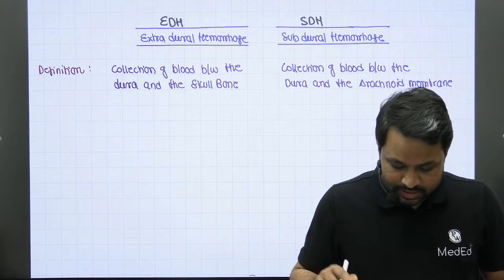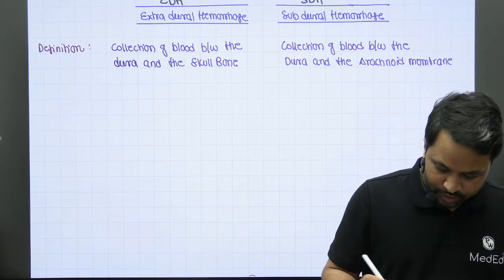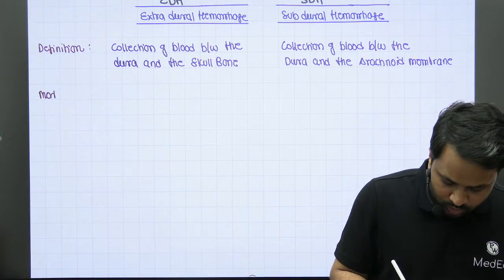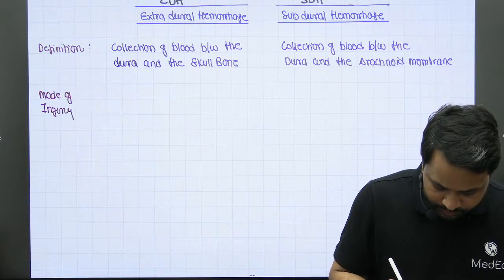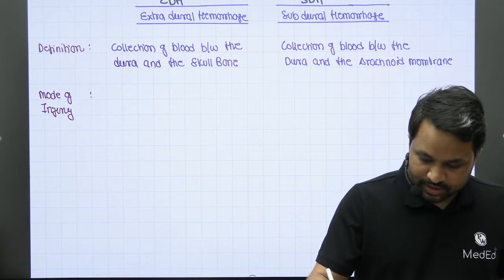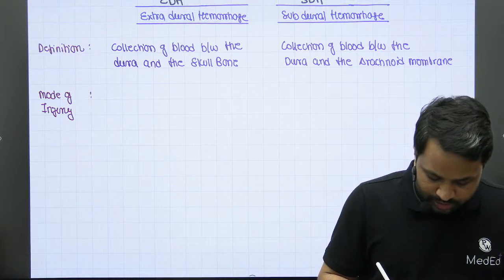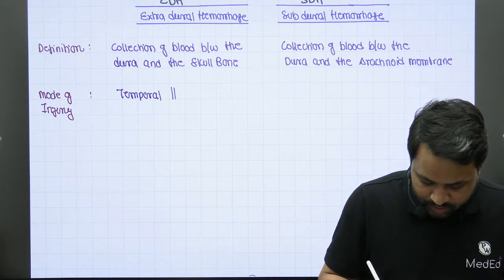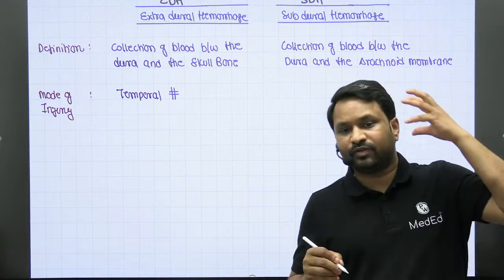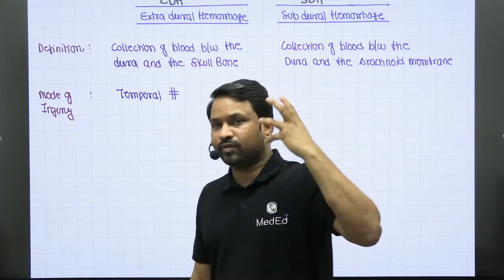So why do these occur? What is the mode of injury? You should know the mode of injury in both of them. For an extradural hemorrhage, it is usually associated with temporal fracture. In the temporal region, you have the three bony prominences called the pterion, which is the weakest point.